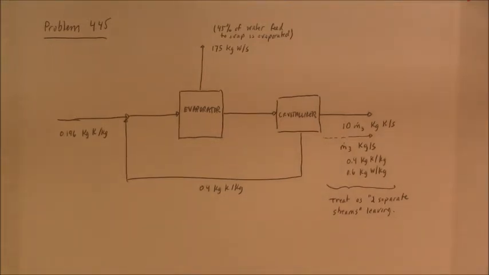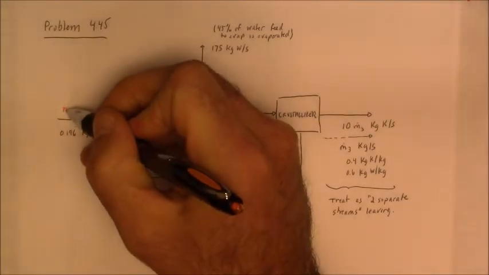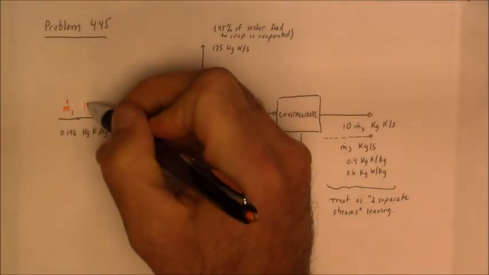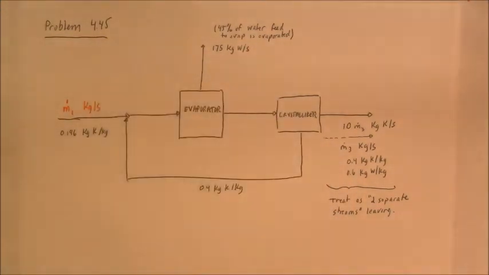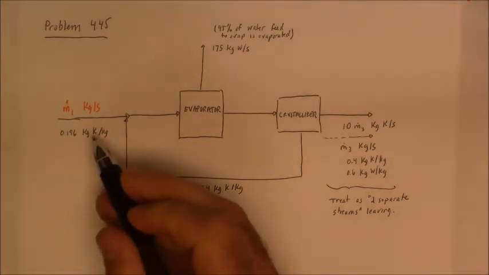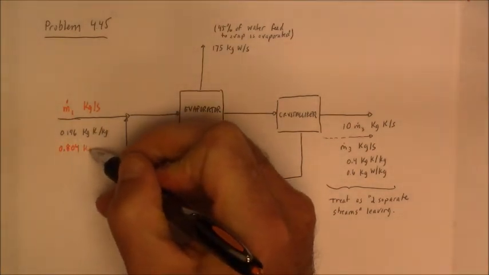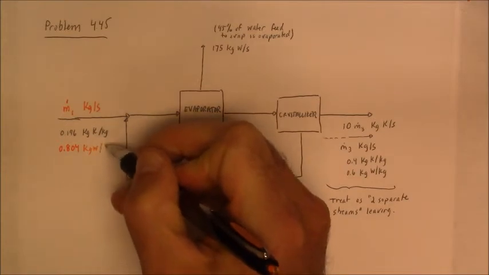Okay, so let's start by fully drawing and labeling the process. It's already drawn. What we don't know entering the process is M1, so the flow rate entering is M1, in units of kg per second. We can also use the process constraint here to figure out how much water, 0.084 kilograms water per kilogram.